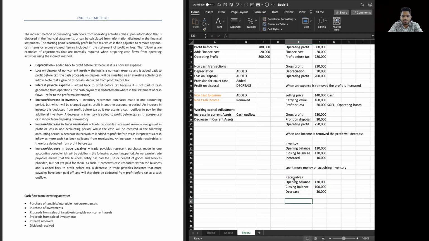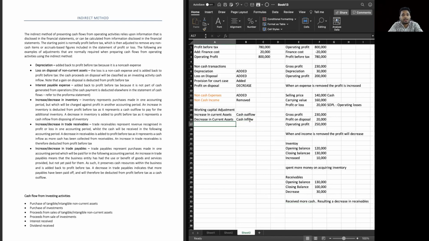So that means you have received more cash, resulting in a decrease in receivables. So if your current assets are decreasing, that means you are converting or liquidating your current assets. So that will be taken as a cash inflow.